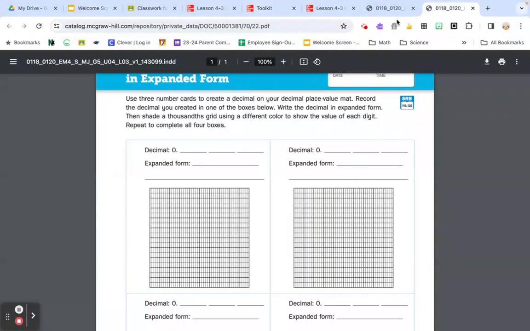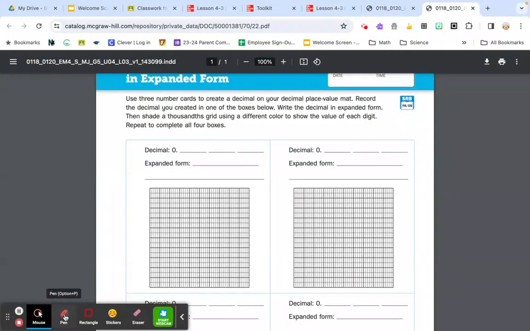So if we go back to the grid paper, you would write 625 here, 6, 2, 5, and then, sloppy, you would shade in your 6/10ths with one color, shade in your 2/100ths with another color, and then finally your 5/1000ths with another color. So you should be using 3 colors in each grid.